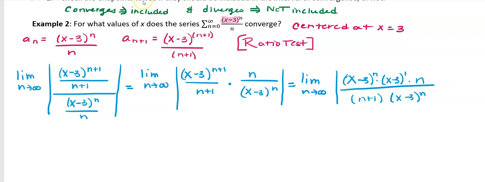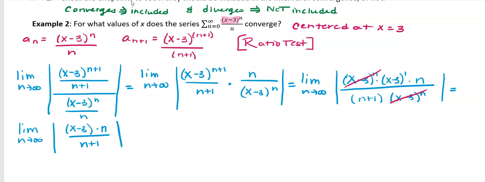Now we can see that these two terms will cancel, and we will end up with the limit as n approaches infinity of the absolute value of x minus 3 times n over n plus 1.